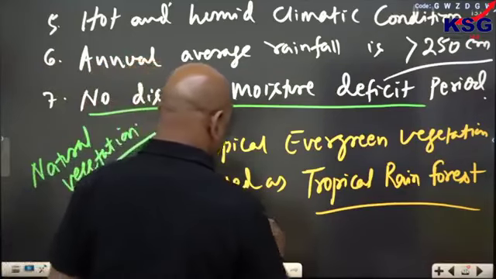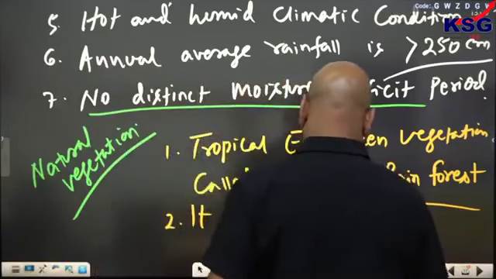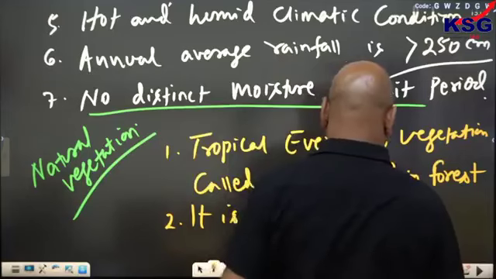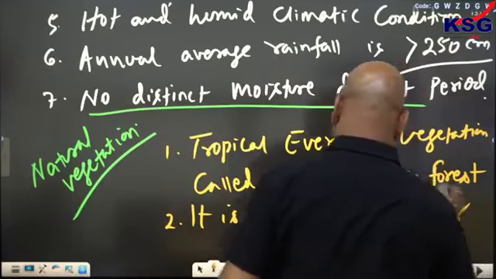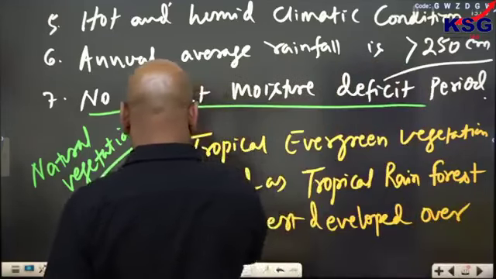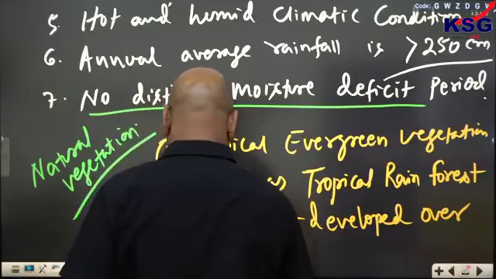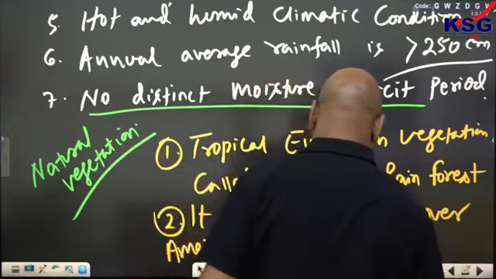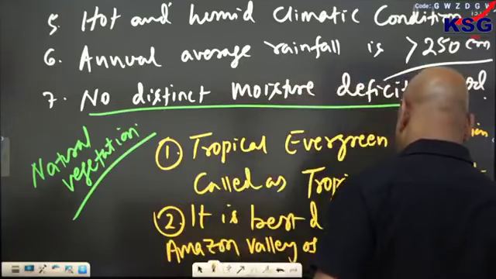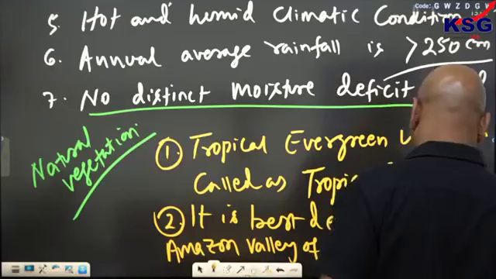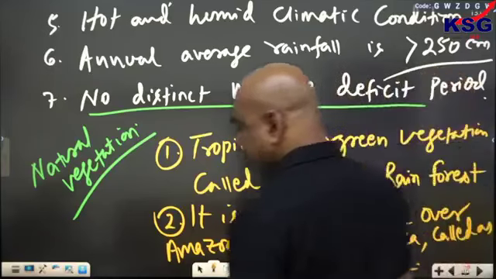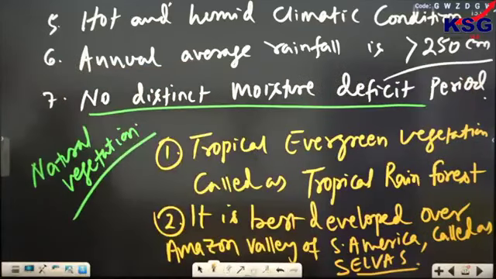It is best developed. This tropical rainforest is best developed over Amazon Valley of South America, called as Selvas.